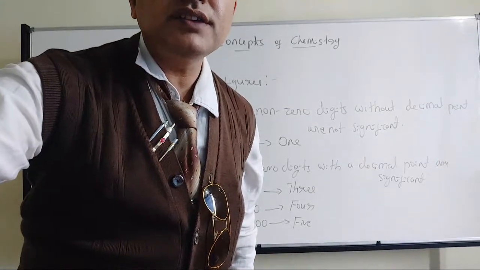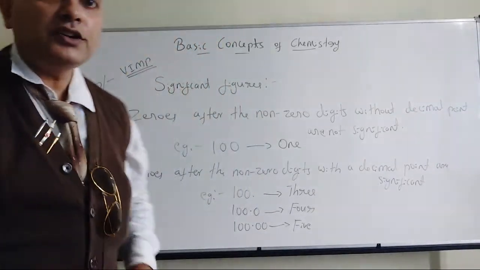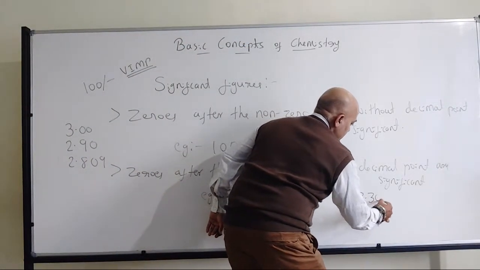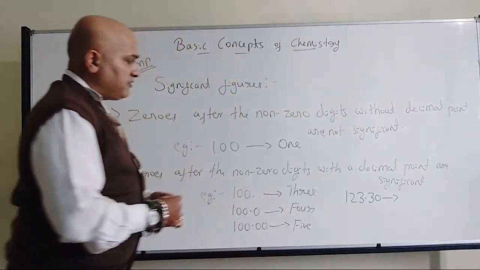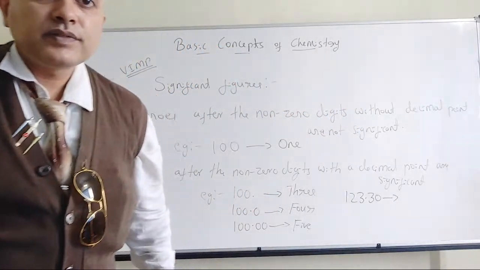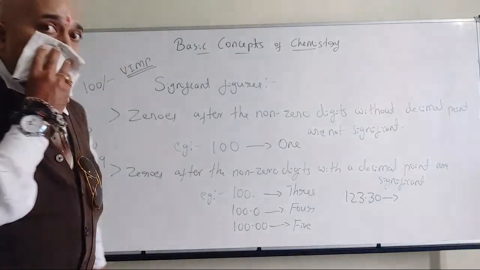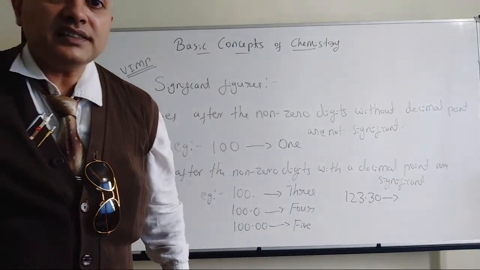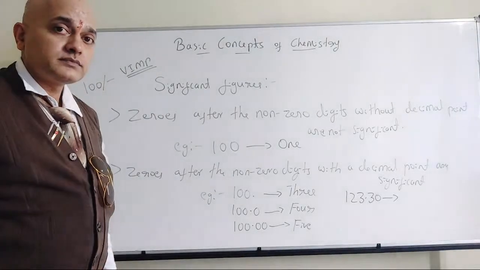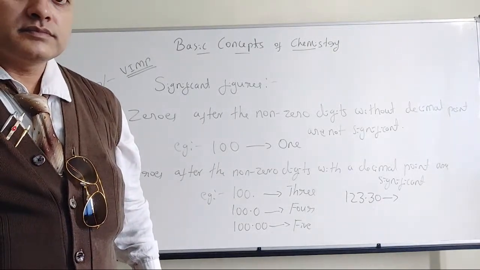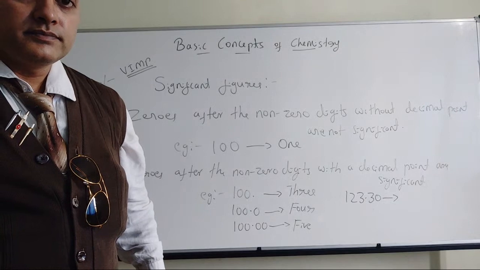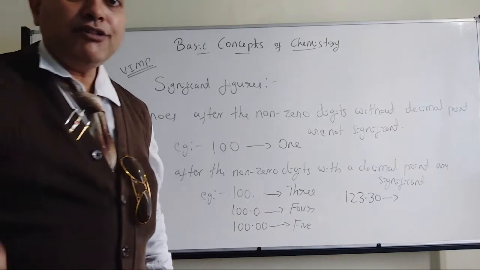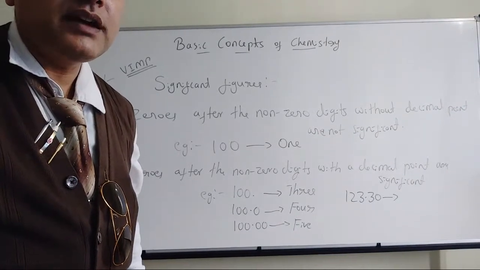Now Stephen has written 123.30. How many significant figures are there? Any one of you? Oh, okay, already people have written.